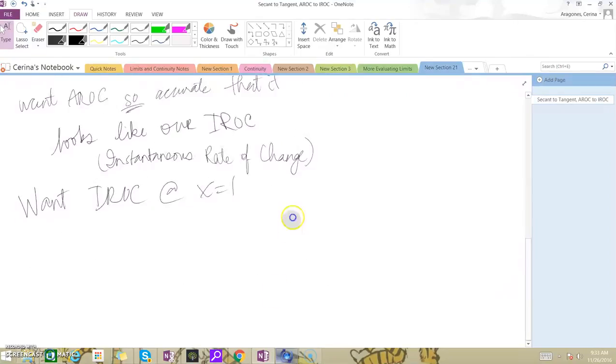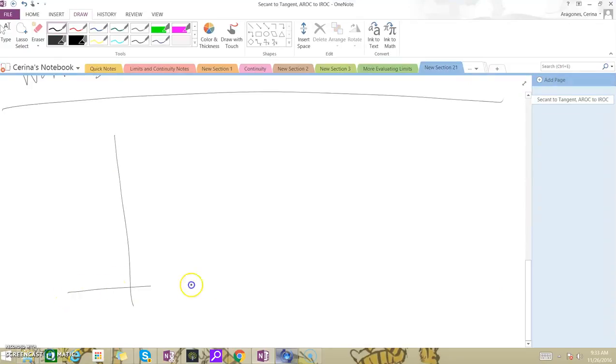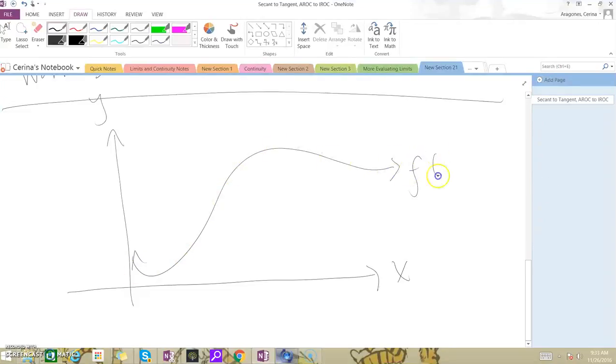So in general, if we have a function, let's say here's our f of x there, and we want the slope at a certain point, x, and the y value there is f of x, we want to pick another x value some distance away. This is our secant line. So let's say we pick something h units away.